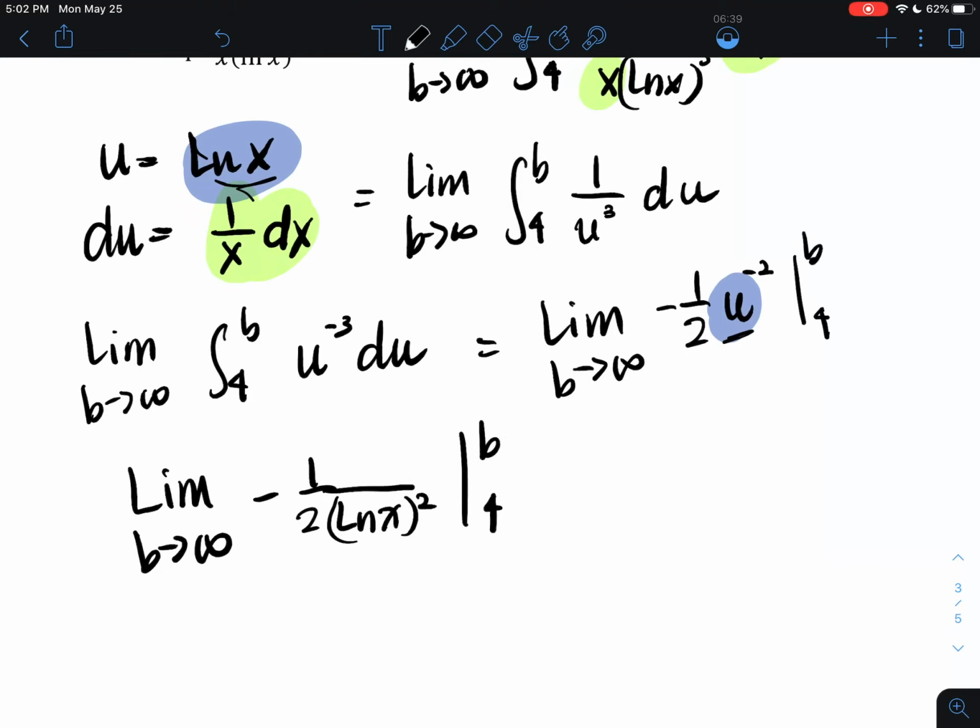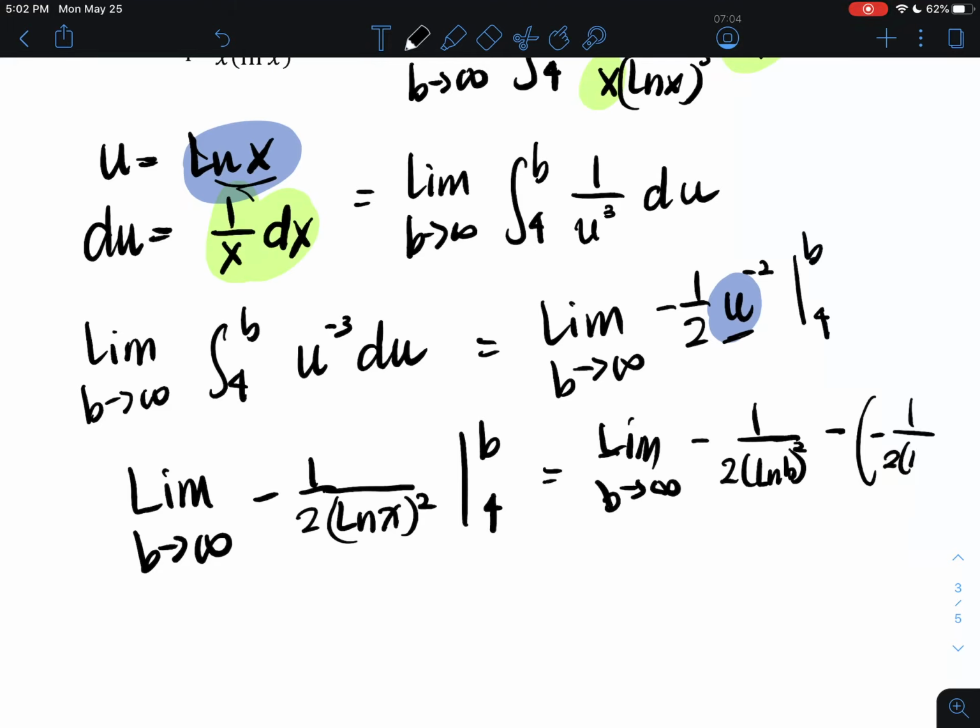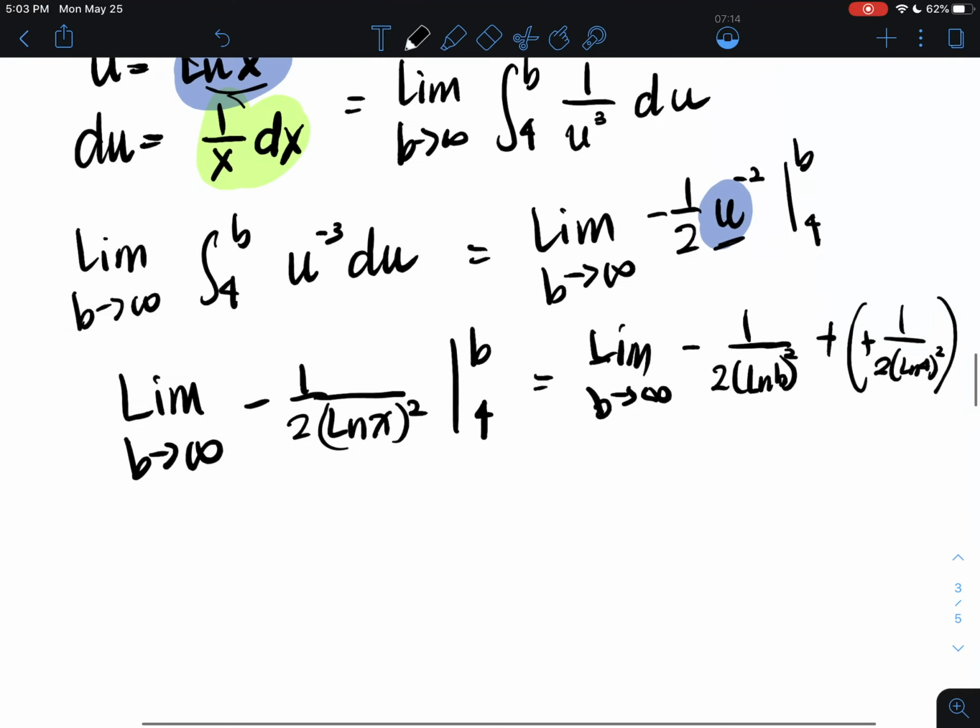So let's plug it in. This gives me the limit as b approaches infinity of negative 1 over 2 natural log of b squared minus a negative 1 over 2 ln of 4 squared. Again, this becomes positive.